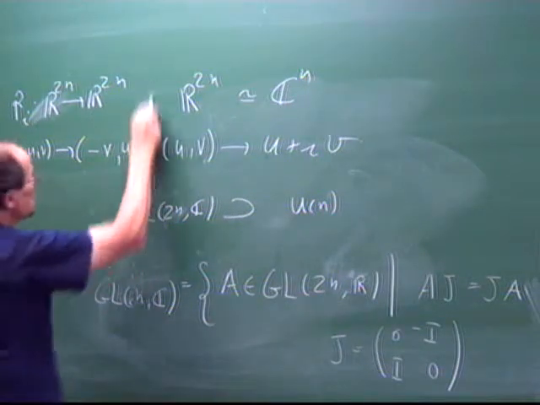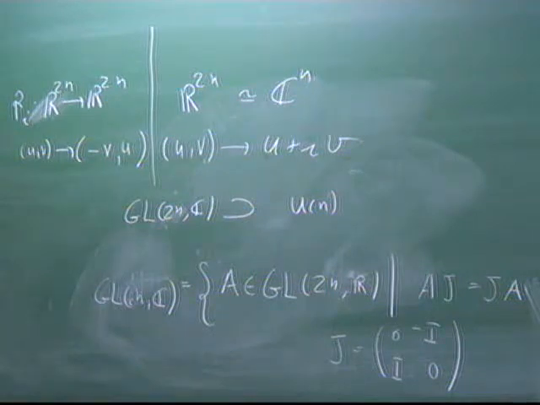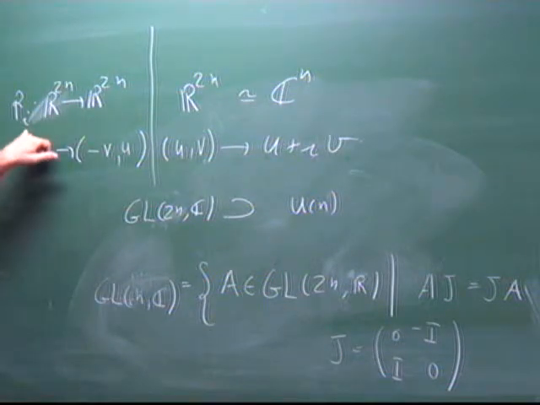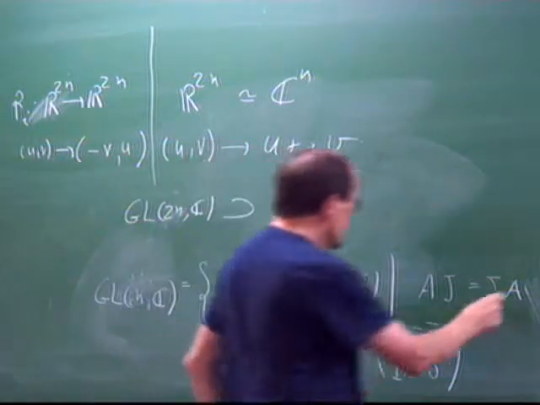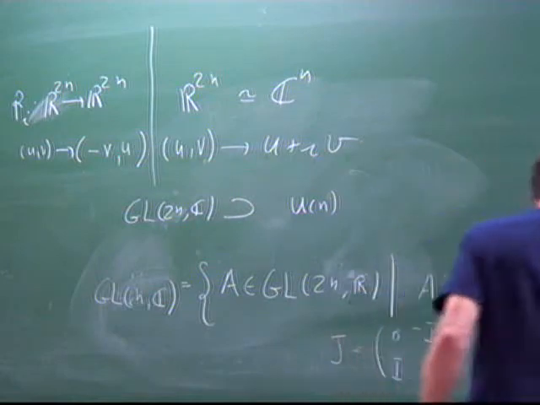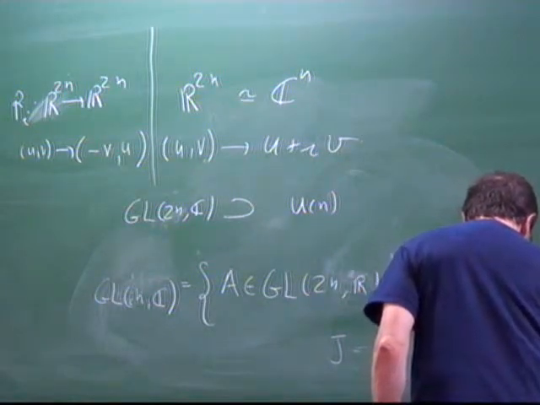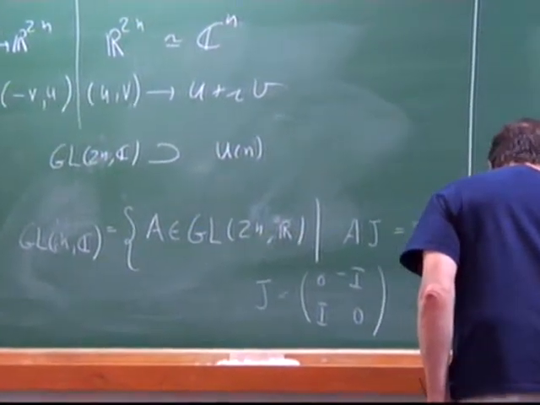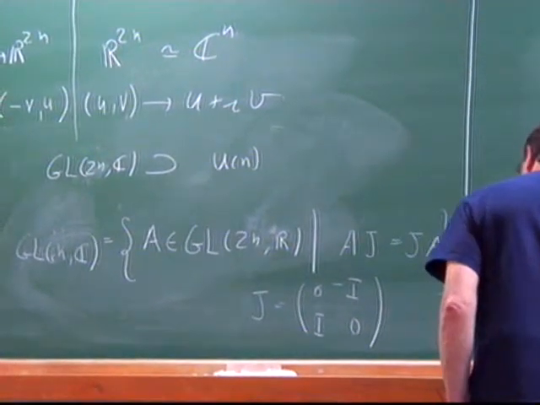So it's similar to GL_n(H), but now I don't have to conjugate. u and v are real. So to be complex linear means that I have a map from R^2n to R^2n that commutes with multiplication by i. The multiplication by i is my matrix J, so it just commutes with J. So then what is U(n) in this terminology? Then I can say U(n) is equal to the matrices A in O(2n) which commute with J.